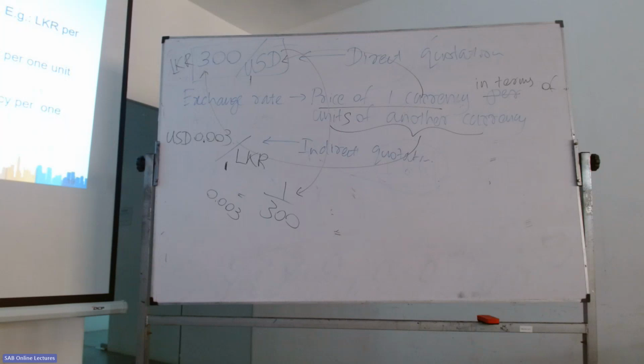If we express the exchange rate as number of units of foreign currency per 1 unit of home currency or local currency, then that is indirect quotation. The second way of expressing the exchange rate, 0.003 USD per 1 LKR, is an indirect quotation.